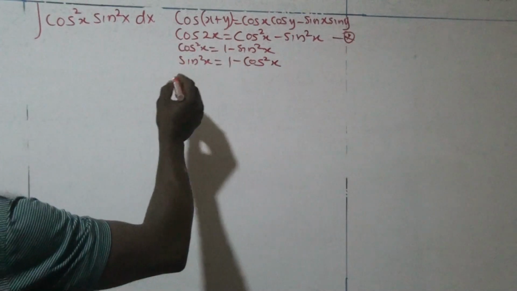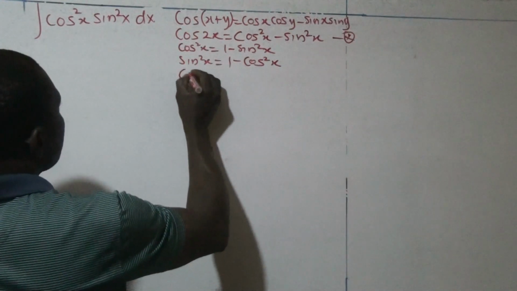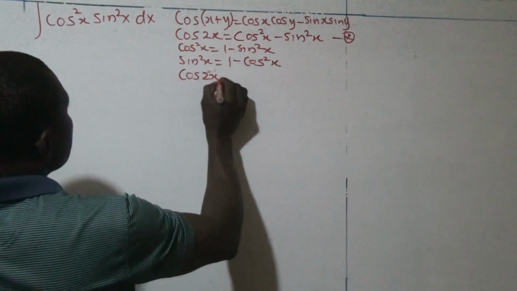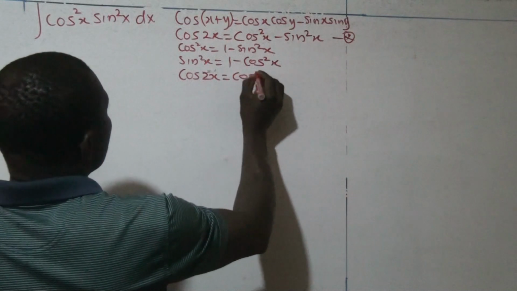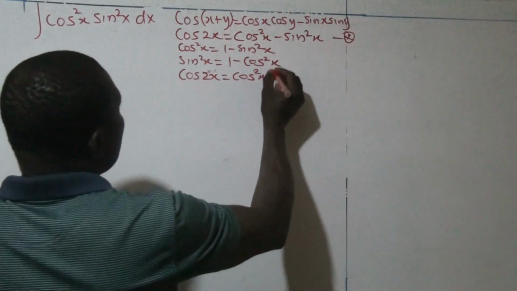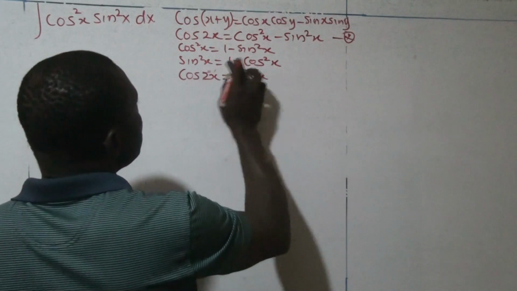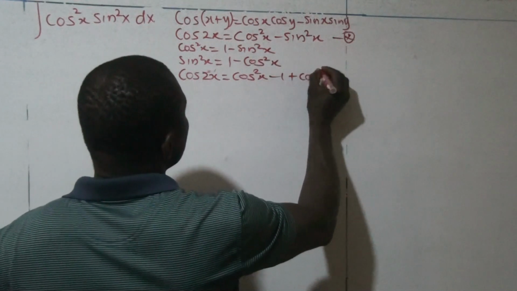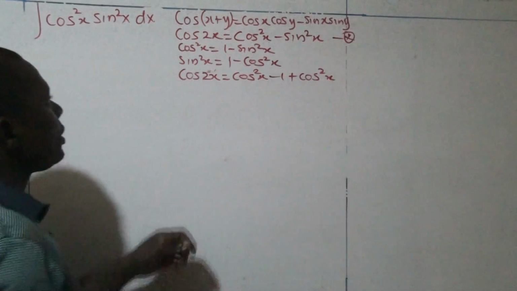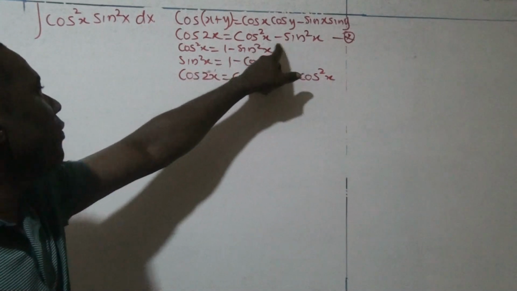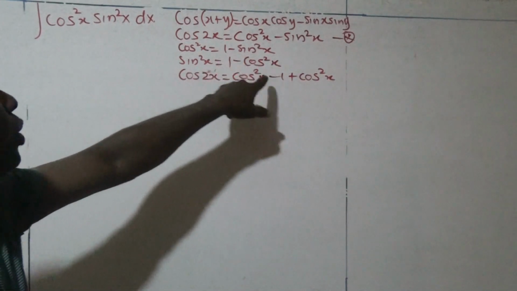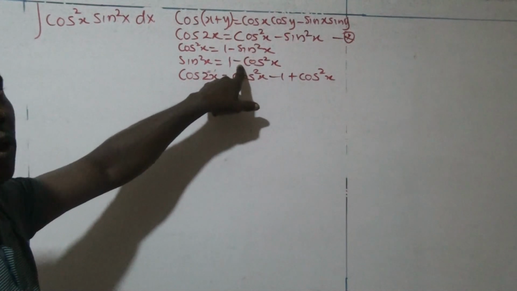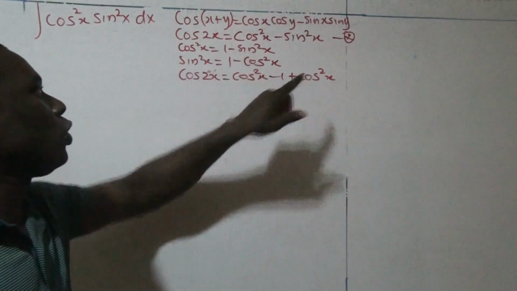If we substitute in place of sine squared x, this becomes cos 2x is equal to cos squared x minus (1 minus cos squared x). The minus sign will affect the 1 to become minus 1, and the same minus will affect minus cos squared x to become plus cos squared x.